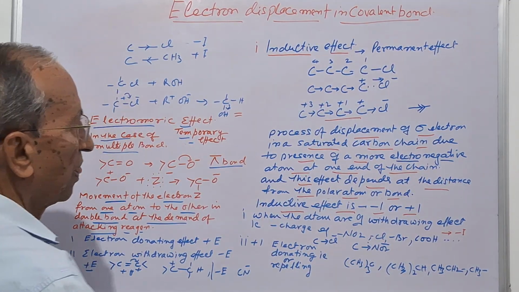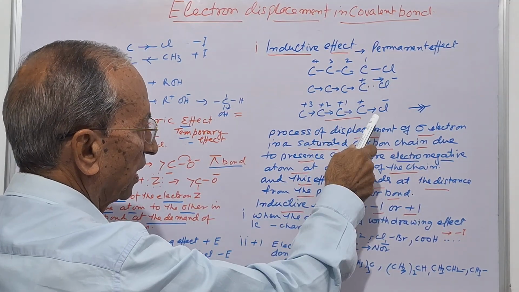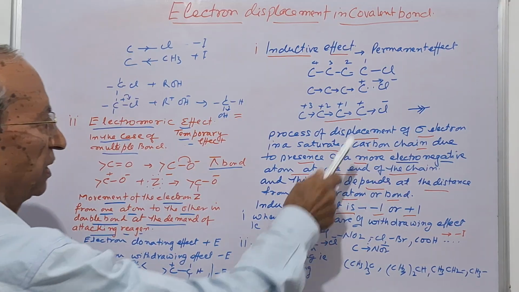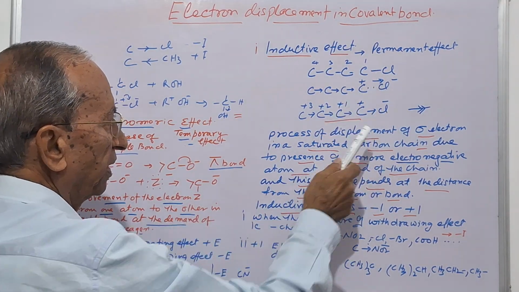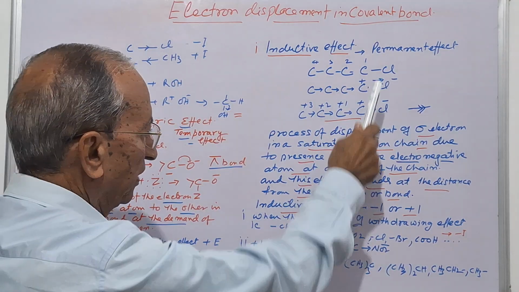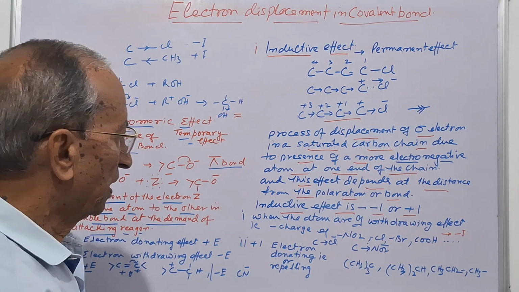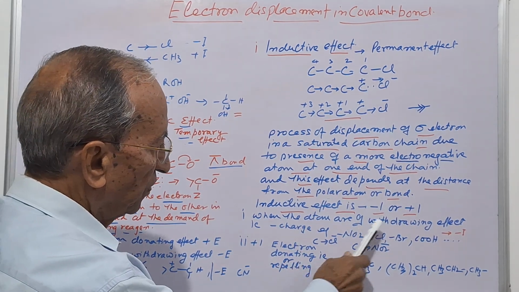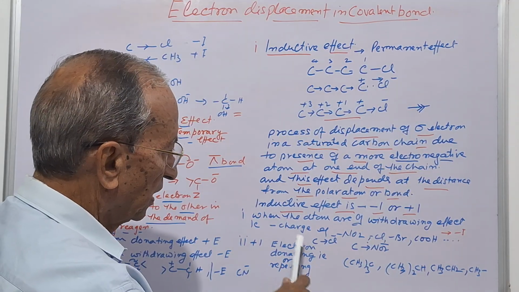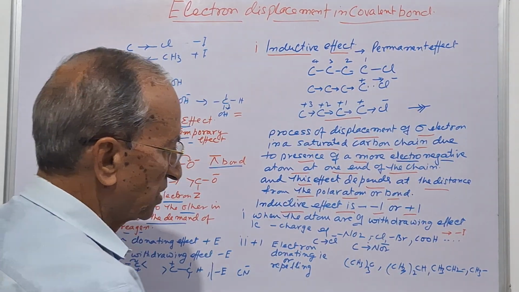So the inductive effect is the effect of an electronegative atom in a chain of carbon compounds, and it should be at one end of the chain. Now this inductive effect may be negative or positive. Atoms or groups that are electron withdrawing give the negative effect, that is NO2, chloro, bromo and carboxylic acids.